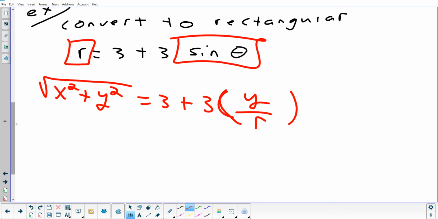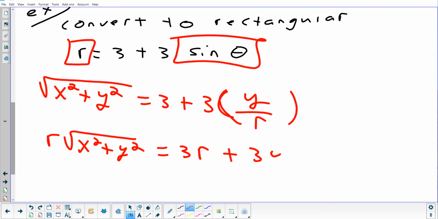So let's think of it like this. What could we multiply everything by that would get rid of that fraction? r. So it actually might have even been better to do that before we change this, but that's fine. So let's multiply everything by r. So we get r times the square root of x squared plus y squared equals 3r plus 3y.